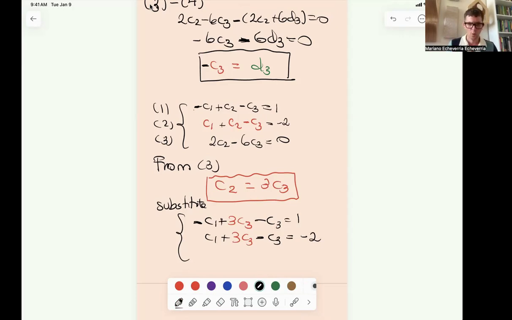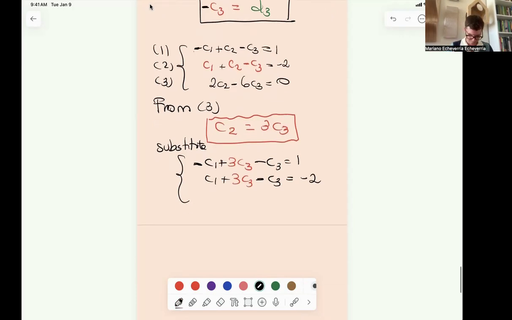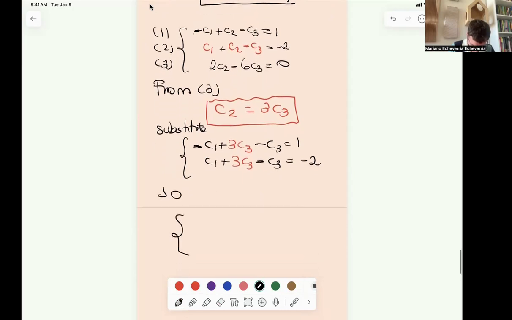Okay. Whew, we're almost there. So what does that give you? The system of equations simplifies to minus C1 plus 2C3 equals 1, and C1 plus 2C3 equals -2. And if I make any mistakes, just let me know.